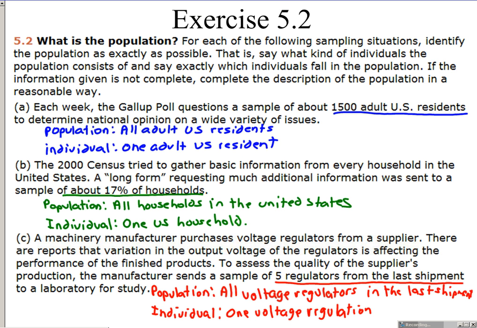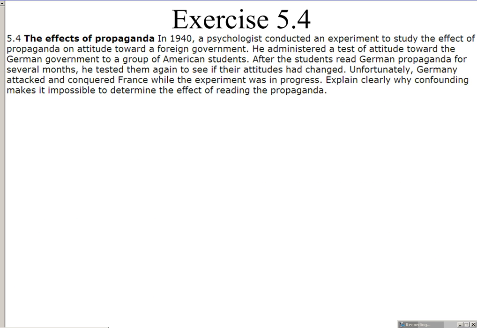Okay, so the idea of this problem is to get you to focus in on what your sample is and what your intended population is. And you have to always make sure that you are creating a sample that is a subset of whatever your intended population is that you want to draw conclusions about.